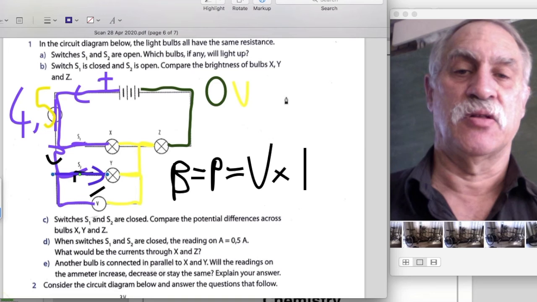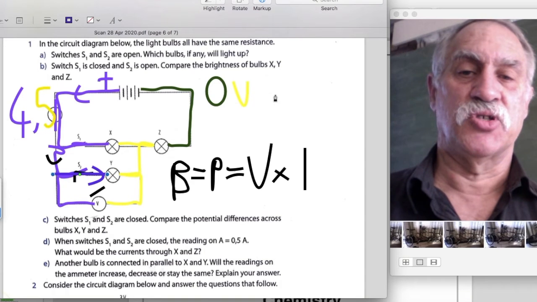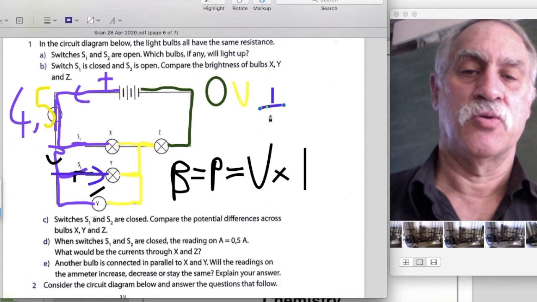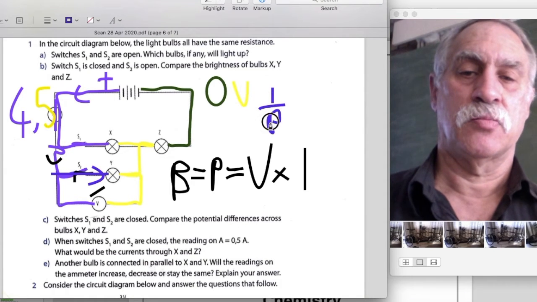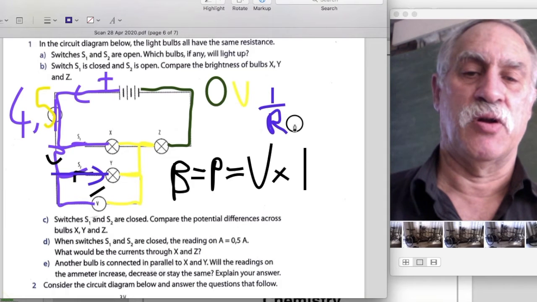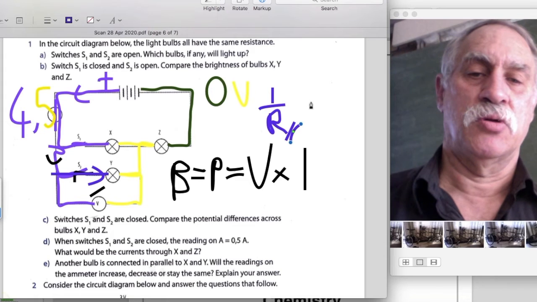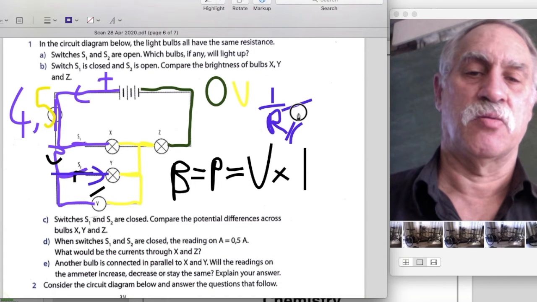My little ball here is doing resistors in parallel. We use the formula 1 upon resistors in parallel equals, this is terrible.